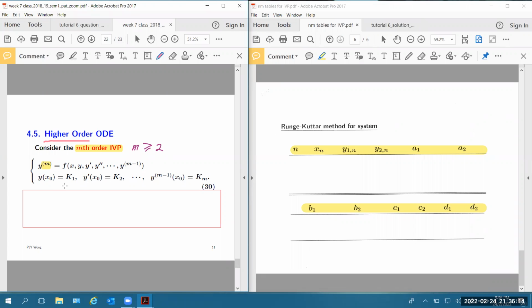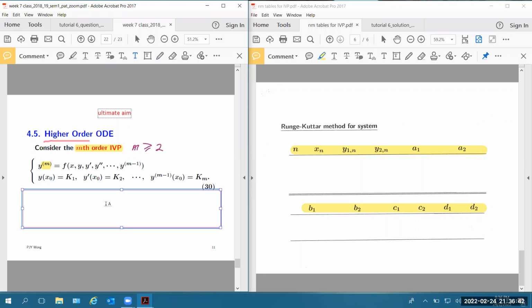All right. And we also have m initial conditions: y at x naught, y prime at x naught, and so on. Okay, so this is our ultimate aim, to solve this kind of equation by using how we solve systems of first order equations.